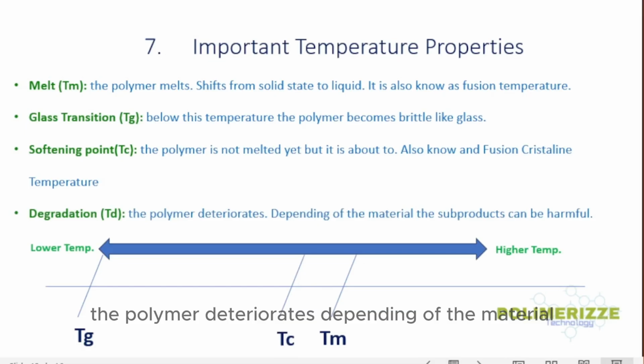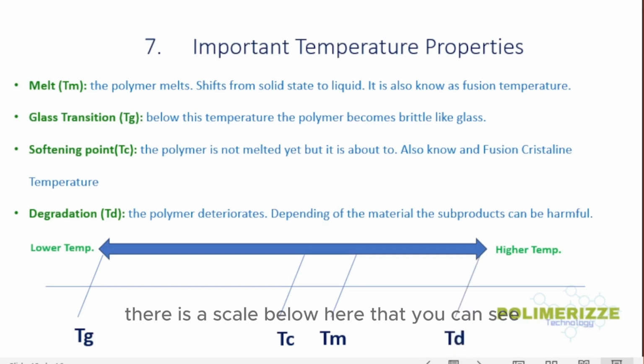The polymer deteriorates. Depending on the material, the subproducts can be harmful. There is a scale below here that you can see which temperature tends to be higher or lower. But the main point here is to consider those temperatures when selecting a material, from the processing point of view to end use application.